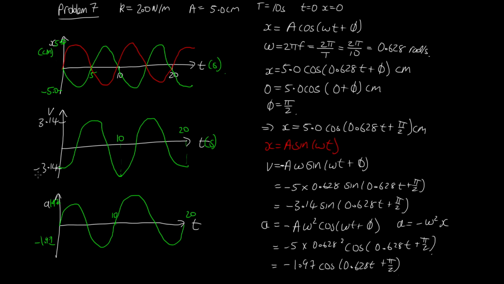And we should include units. This velocity is given in centimeters per second, and the acceleration is in centimeters over second squared, and time is given in seconds. So that's a possible solution to this problem.